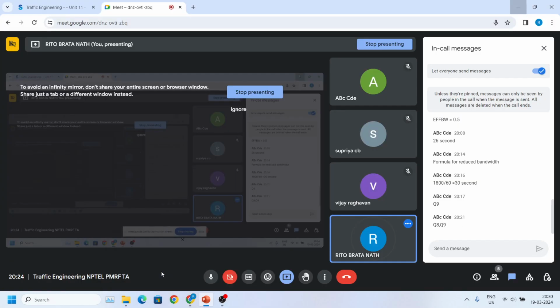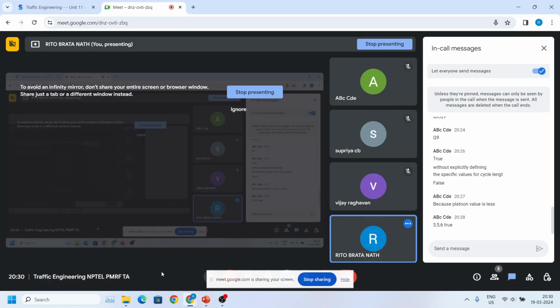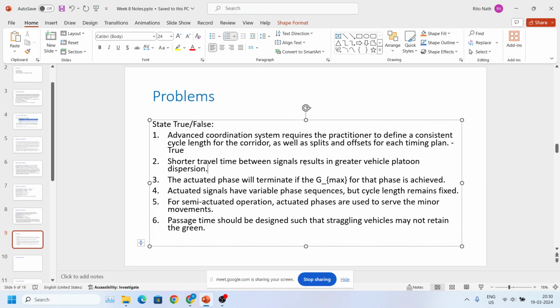Let's see if anyone answered it. So, without explicitly defining the specific areas for cycle length, first one is true, second is false because platoon value is less. Yeah, true, you're saying. Okay. Second one is false, that's correct.